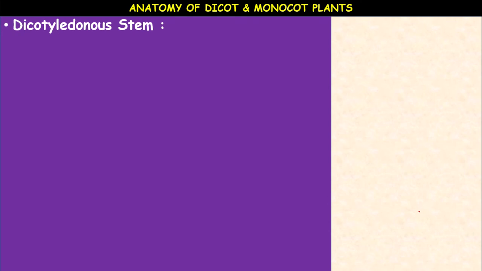Before going to the dicotyledonous stem, let us have a brief discussion on the difference between the dicot root and monocot root. In dicot root, the cortex is comparatively narrow, whereas in monocot it is very wide. In dicot root the endodermis is less thickened and Casparian strips are more prominent, whereas in monocot roots the endodermis later becomes highly thickened and Casparian strips are visible only in young roots. In dicot roots, passage cells are generally absent.